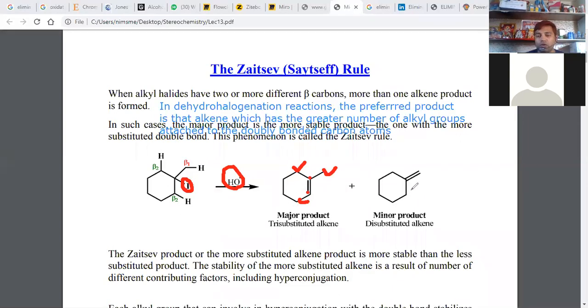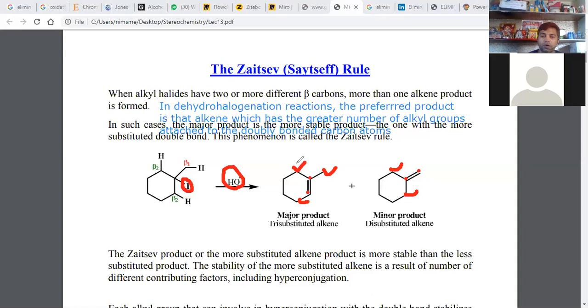If we see this other molecule, this is the minor product. The doubly bonded carbon atoms have one substitution and another substitution, so it is a di-substituted alkene. So two products are formed: one tri-substituted alkene and the other di-substituted alkene. According to the Saytzeff rule, the more substituted, tri-substituted alkene will be the major product.